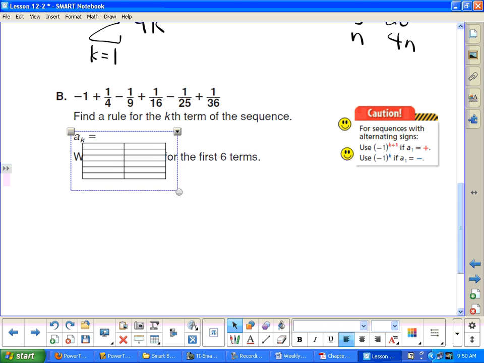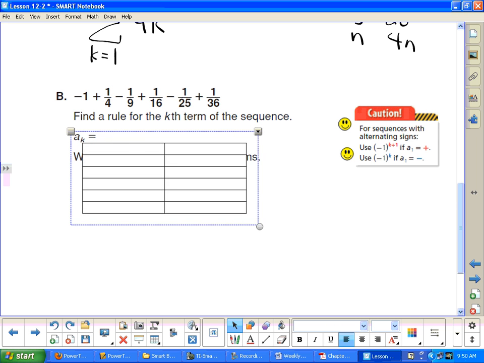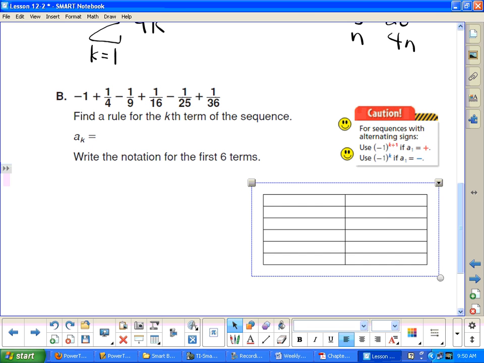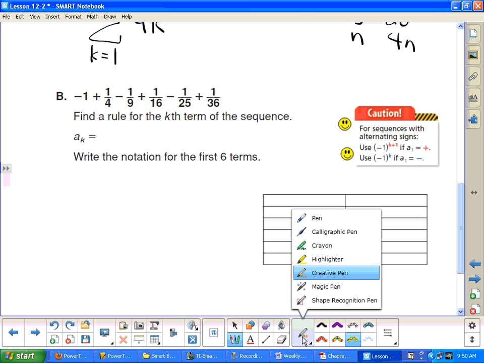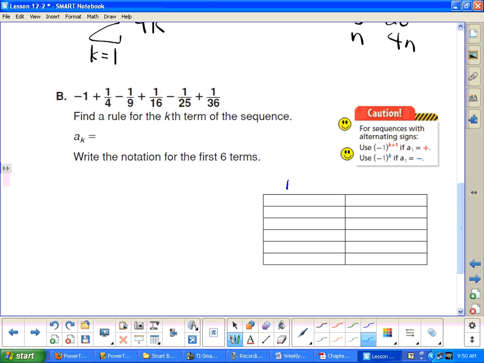So here I have my values of n. So we have 1, 2, 3, 4, 5, and 6 because I have 6 terms. And then we have 1, 1/4, 1/9, 1/16, 1/25, and 1/36.